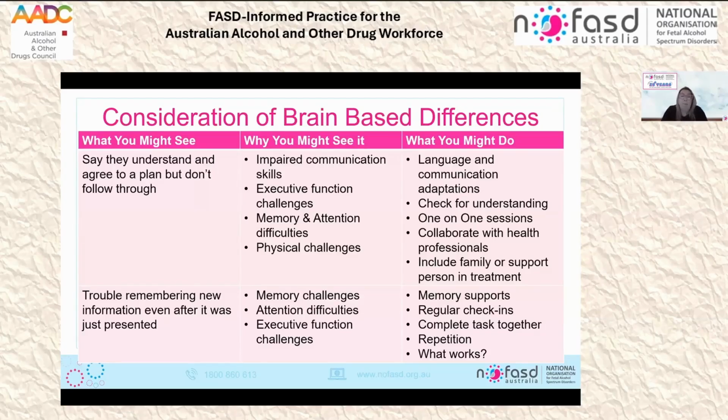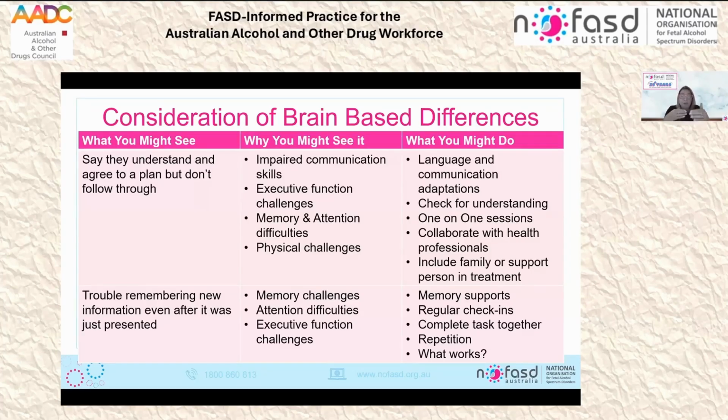There could be quite memory challenges, so they may have trouble holding the information and storing that information and then recalling it. They may have trouble with working memory and difficulty holding onto that information long enough while they're actually doing the task. They maybe have verbal memory challenges where they're having difficulty remembering things that have been said to them, and also using new learnings.